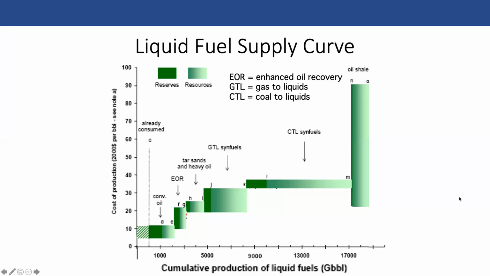It also tells you how much reserve and how much resource is available for each of these production methods. It's a pretty dense graphic, but it also provides a lot of really useful information to think about how to interpret all of these different aspects of the supply.